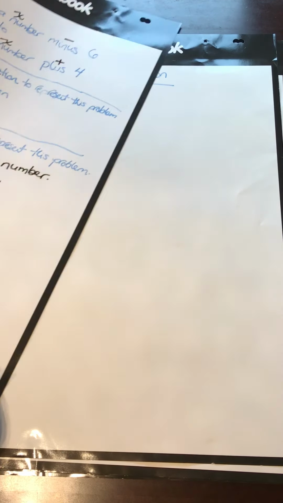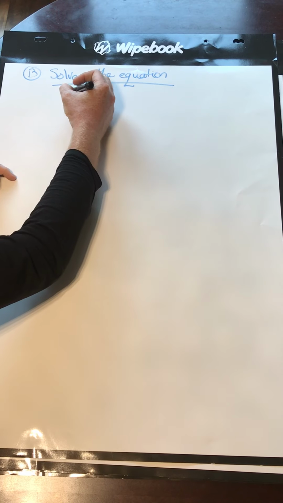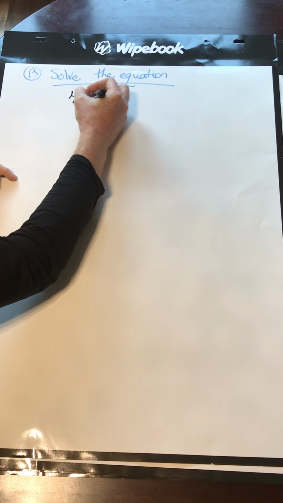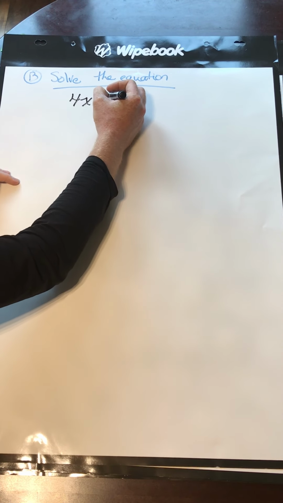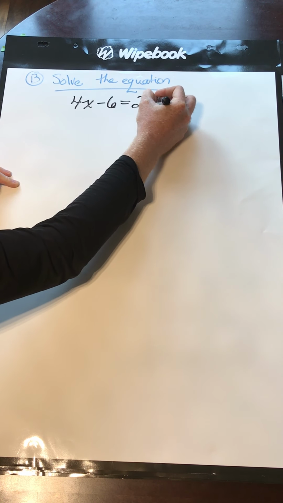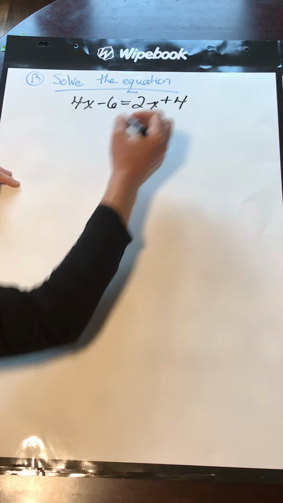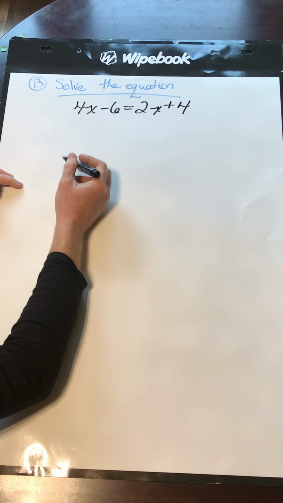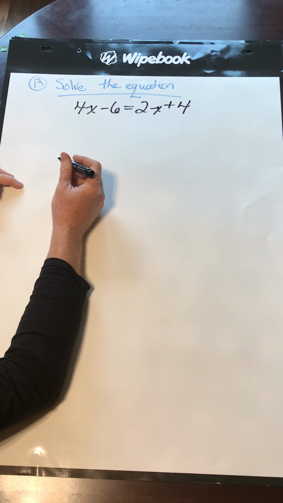So we're going to go ahead and solve the equation. So we have 4x minus 6 is equal to 2x plus 4. And I look at this equation and I say to myself, where are the most positive variables?